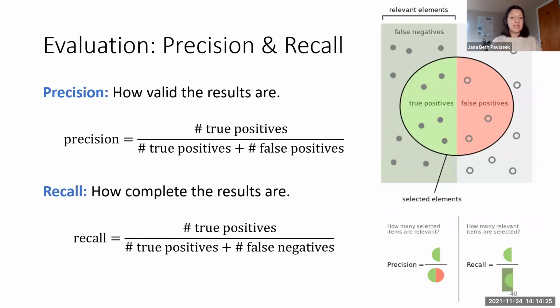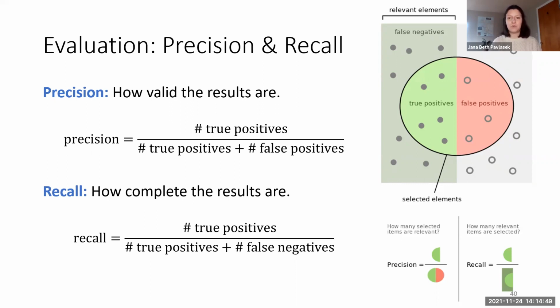First of all is precision, which basically tells us how valid our results are. Say that we have an algorithm where it's super important that anything that is classified as true is actually true, but we don't actually care if we miss some of them.